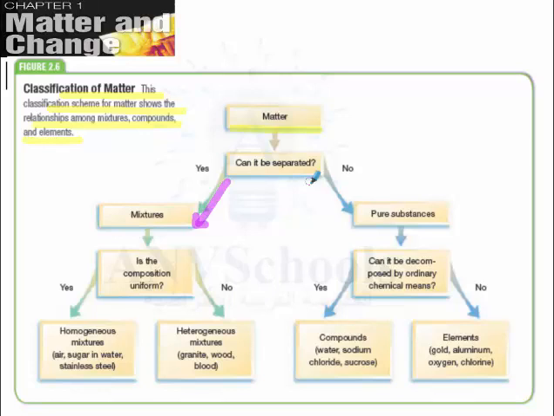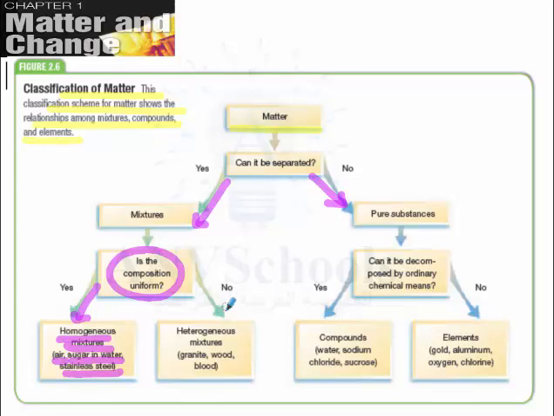If you can't separate it, then it is a pure substance. Then when you look at the mixture, is the composition uniform? If the composition is uniform, then we refer to it as a homogeneous mixture, like sugar in water, or stainless steel, or air.